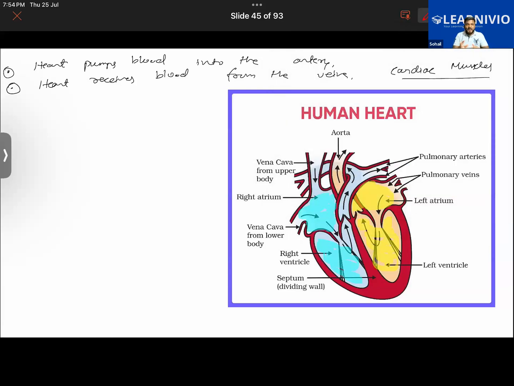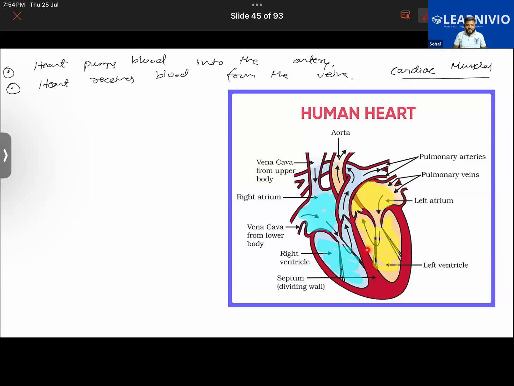The upper chambers, this one and this one, are called atrium, namely right atrium and left atrium. The lower chambers are called ventricles, namely right ventricle and left ventricle. So far, it should be clear: for the upper chambers, it is atrium, and for the lower chambers, it is ventricles.